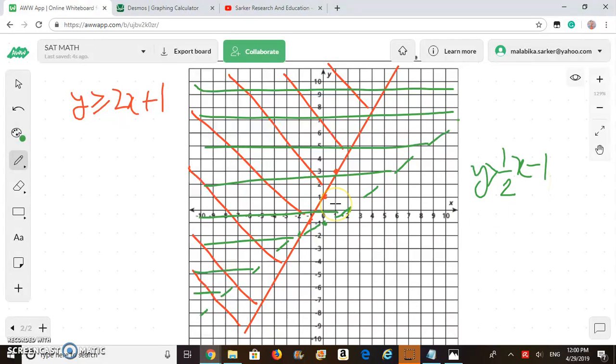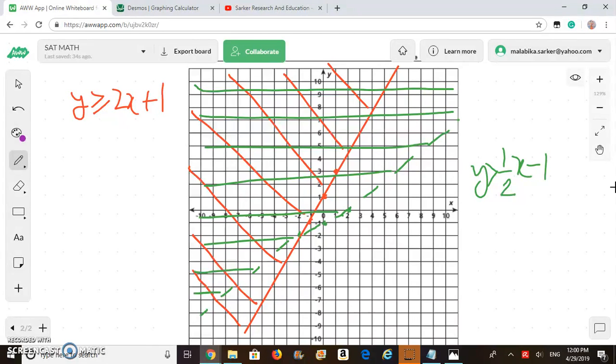Now, if we have to find the solutions to the system of these two inequalities, that will be the overlapped region, covered by both the solid red line region and the dotted green line region. Let me choose purple and denote the solutions that will fall into this overlap region.